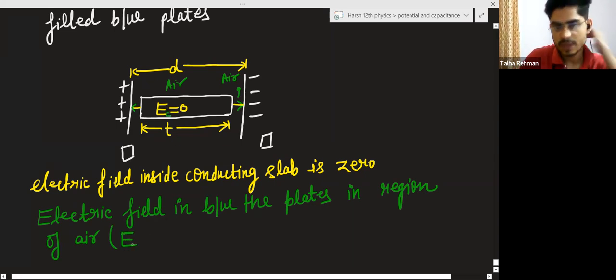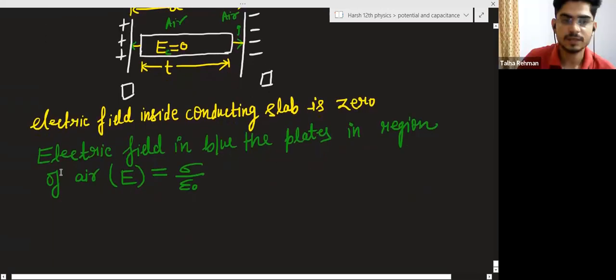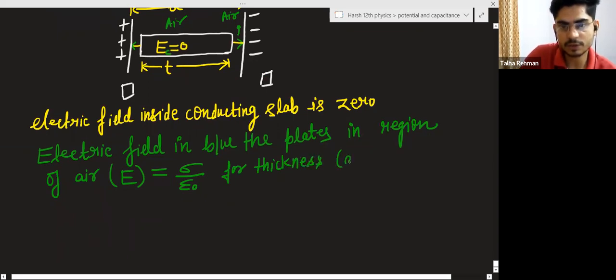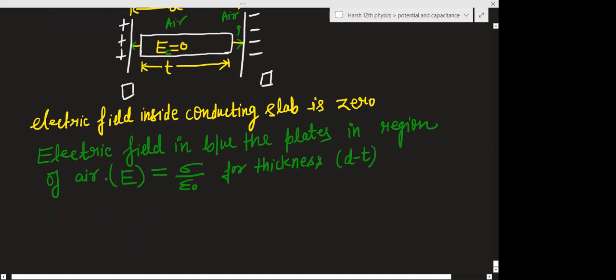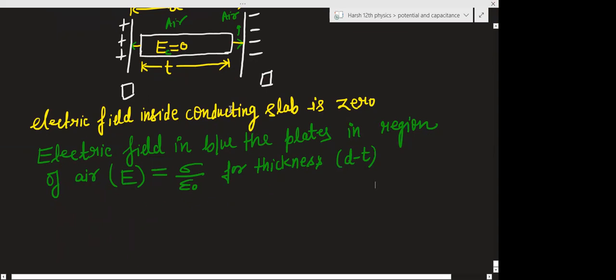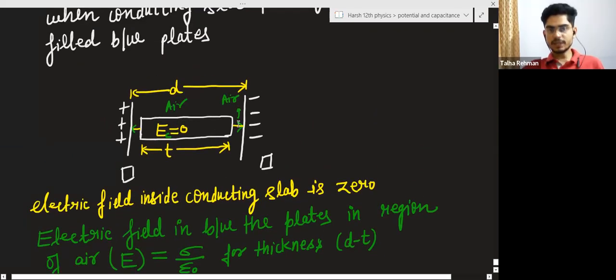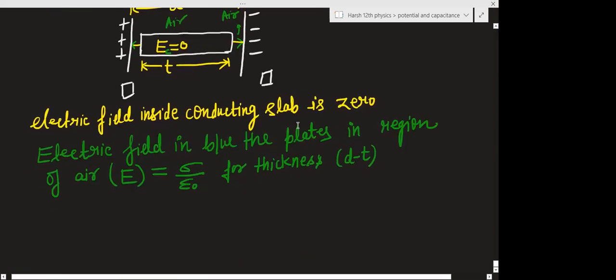This E we have calculated many times: sigma by epsilon naught. And this is for thickness d minus t only. This electric field is only in the thickness d minus t, because only that thickness is left.